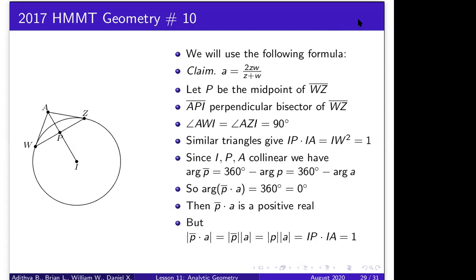The absolute value of P bar times A is the absolute value of P bar times the absolute value of A, which is the absolute value of P times the absolute value of A, which is IP times IA, which is 1. But the thing on the very left-hand side, we know that it has to be a positive real number and has absolute value 1. What does that mean? The left-hand side is 1. So we know that P bar times A is 1.